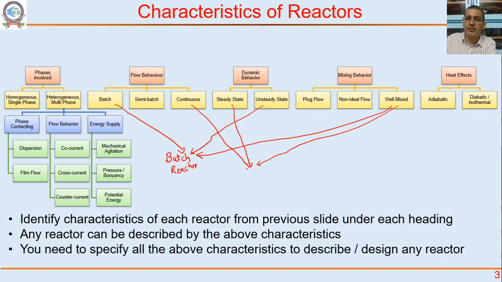This combination is what you called in your undergraduate course as CSTR. Whereas what we should be calling now is a continuous, well mixed, steady state reactor. Right? Do you understand the difference now between what we have done in our undergraduate course and what is required now? Let's go forward.